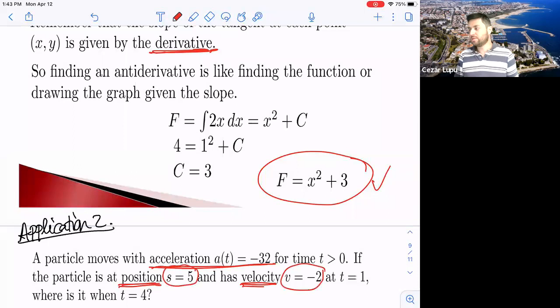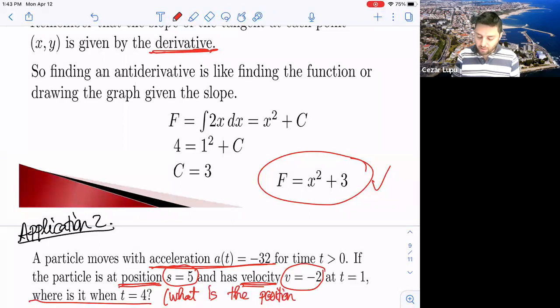Then I'm wondering what is the position at t equals 4. So when I'm asking where is the particle, I'm wondering what is the position at t equals 4. That is the question I'm asking.